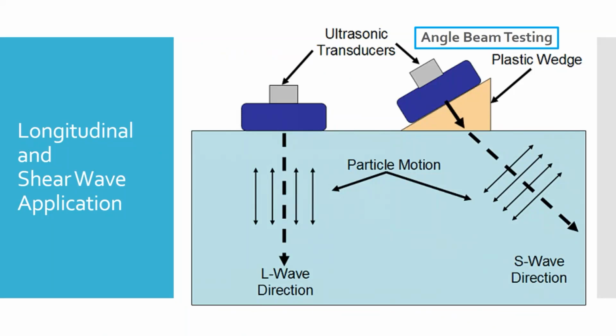But the actual crystal, the actual transducer itself, is mounted in there at an angle. And so that's going to send out a pulse at an angle. What's the angle on that? It should say on the side. Is it a 45 degree or 60 degree? See, I'd have to look at it.